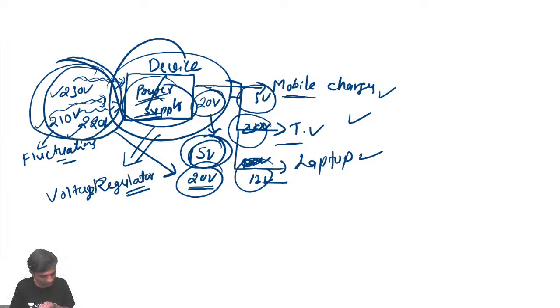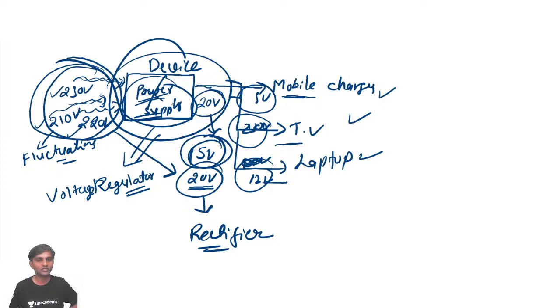Does the power supply give constant output? No, you may not get that. Let's say that's again another topic called the rectifier. Definitely this power supply will give you a constant voltage only. Let's say you get 230 volts AC.